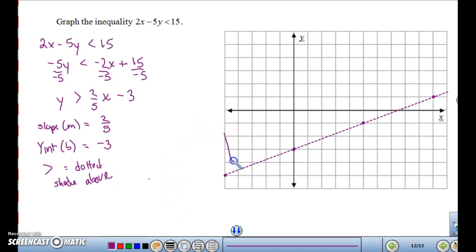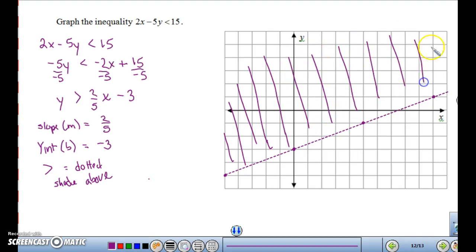So this half of the graph up here, any value of x that we pick will actually be greater than 2/5 x minus 3, and it will make the inequality true. So any value up here will work, any value down here will not work. So the solution is actually up here. So that is graphing an inequality. I'll even label it: this is the inequality, y is greater than 2/5 x minus 3.